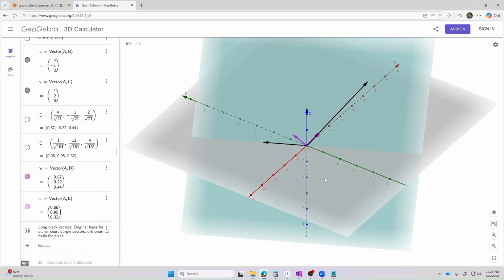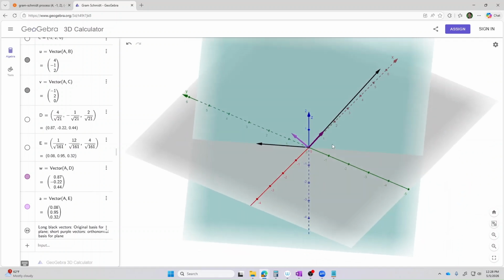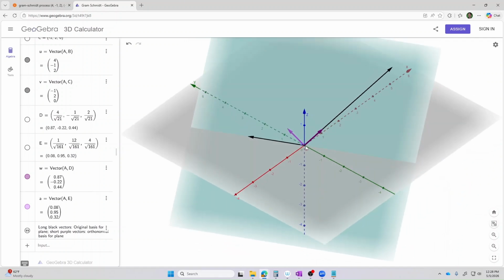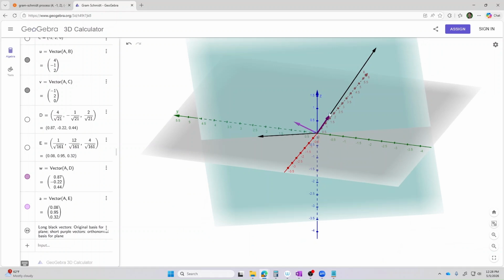So what we have done is we've replaced this black basis of the vectors v1 and v2 with the orthonormal basis consisting of these two purple vectors given here. This purple vector here is the vector u1 that we obtained by just taking v1 and rescaling it.